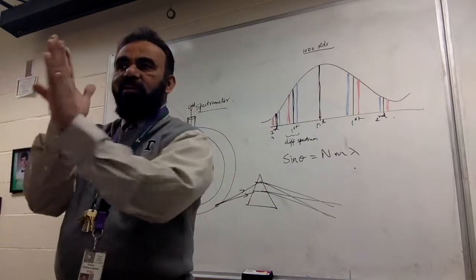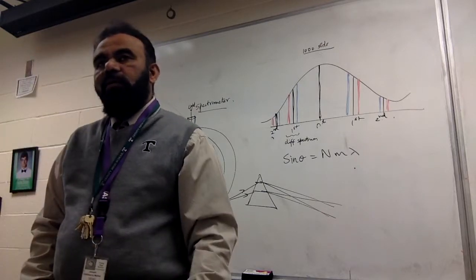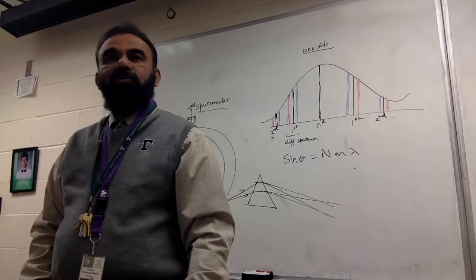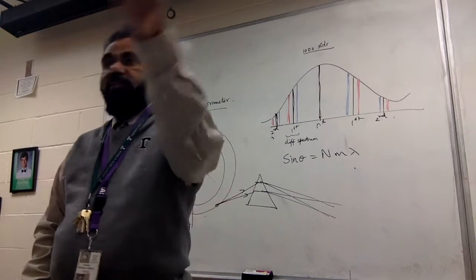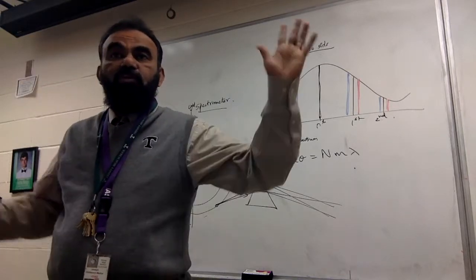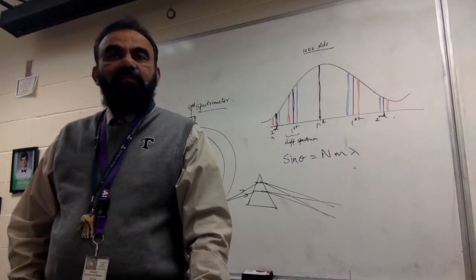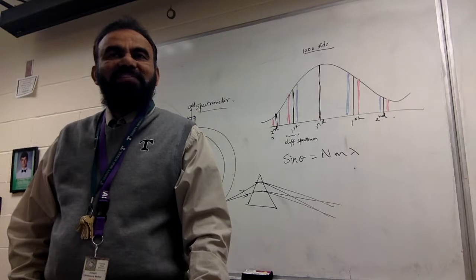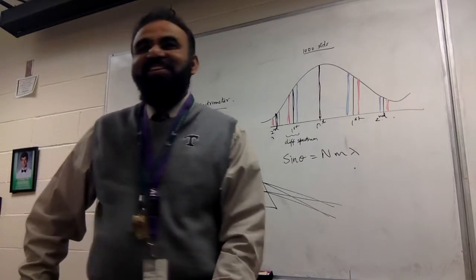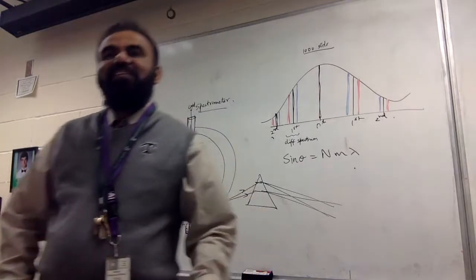No two wavelengths are alike. No two lines emitted by two different atoms are alike. So they're all unique. It's like fingerprints. So can you trace it back to a light? So you understand what I'm saying?